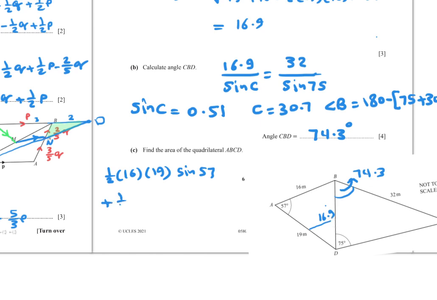So half times 16.9 times the other side, which is 32, times sine of the included angle, sine 74.3, equals 388 to 3 significant figures, meter squared.